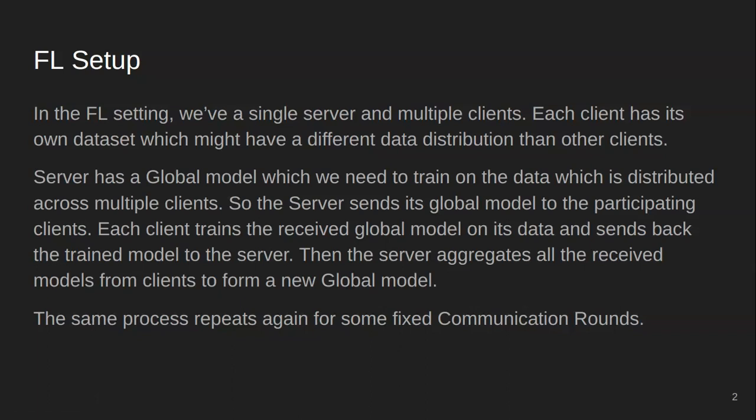This process repeats for a certain number of communication rounds. At last, after running our Federated Learning setup for some communication rounds, we test it on our test data set, which is located at our server side.